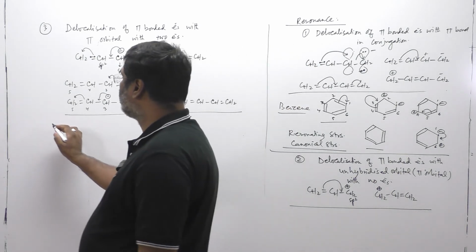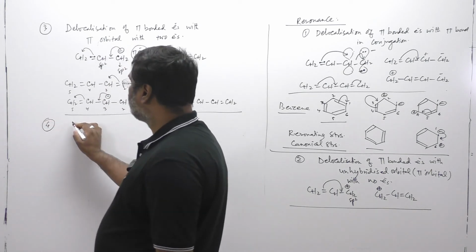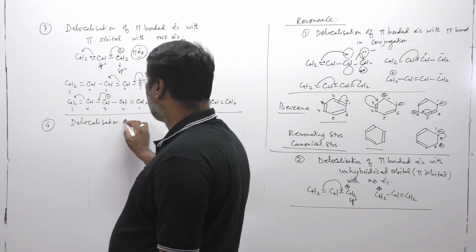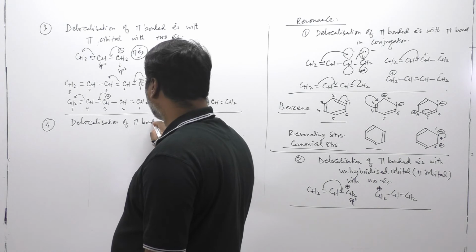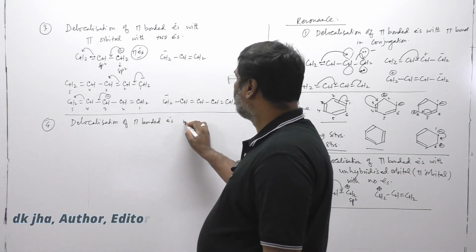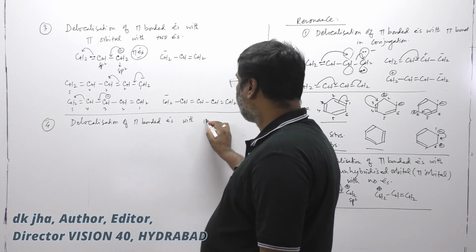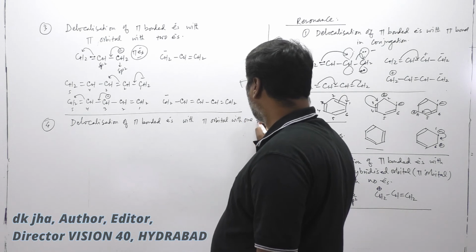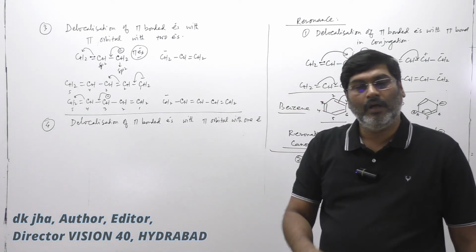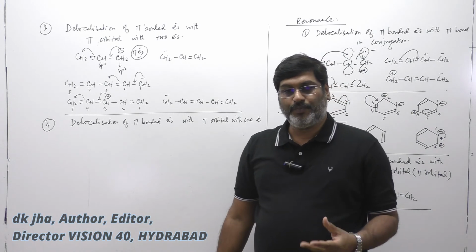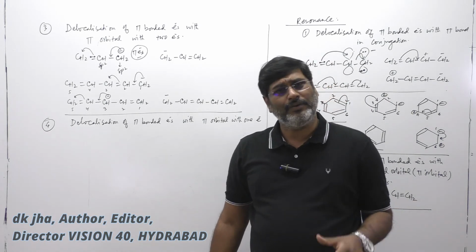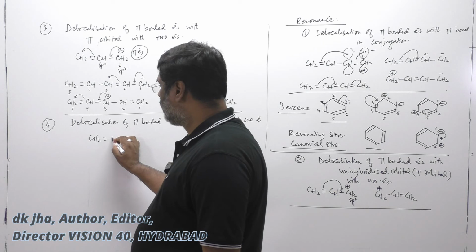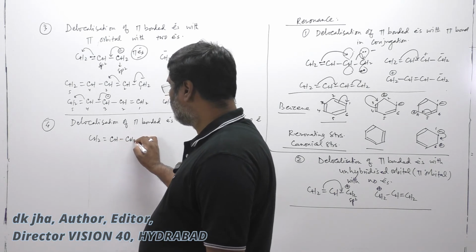The fourth one also you take. One more situation we have there: the delocalization of pi bonded electrons with a pi orbital with one electron only. Is it possible with one electron? Yes, it is possible with one electron also. CH2 double bond CH and there the CH2.